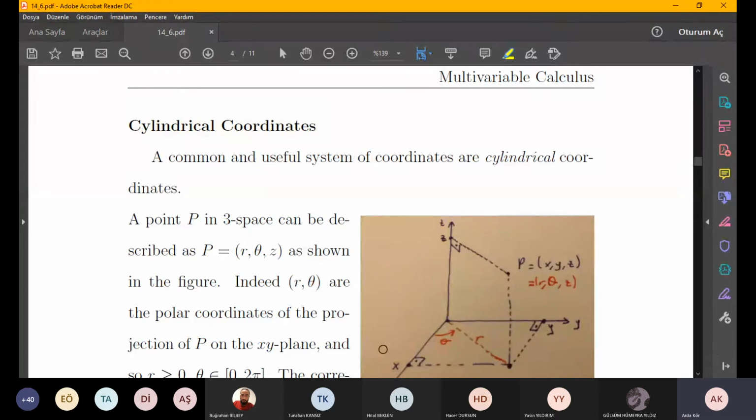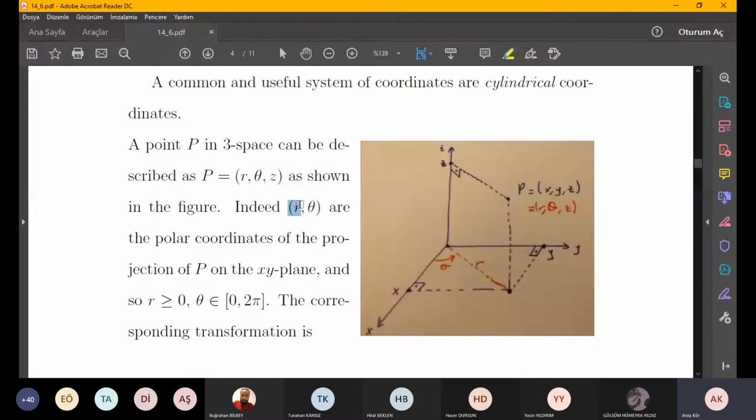So you can represent any point on the xy plane by coordinates x and y. Also, you can write any point by those coordinates r and theta. So we will use cylindrical coordinates in triple integration.